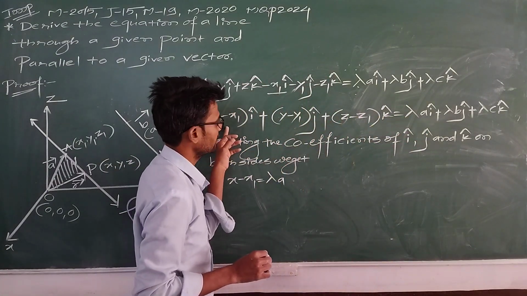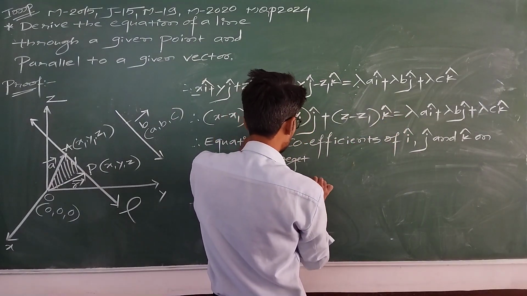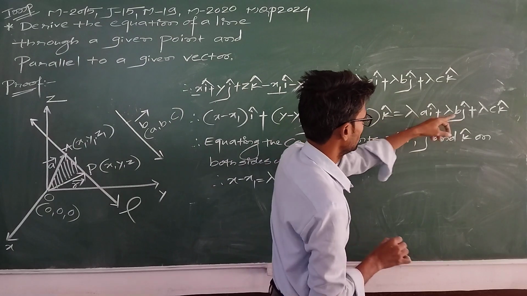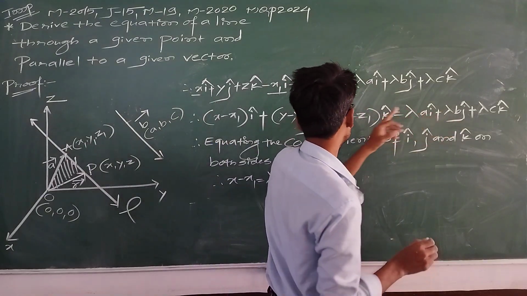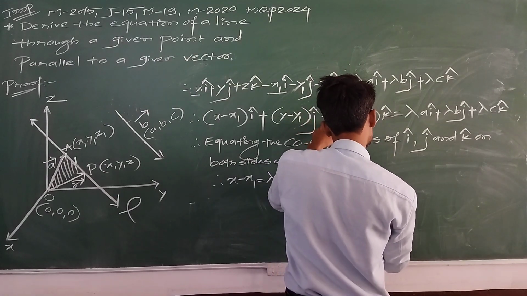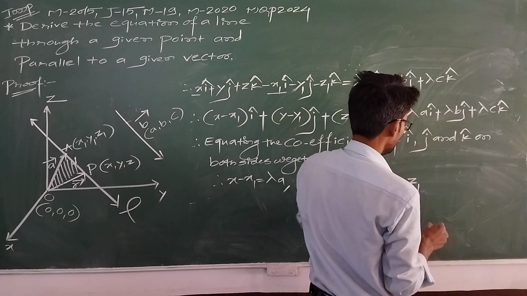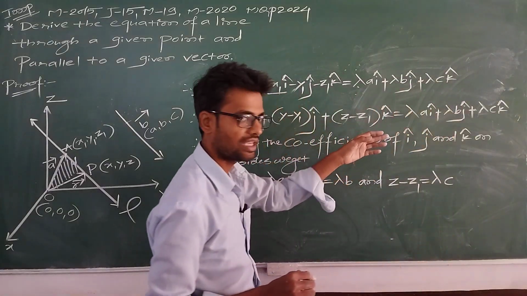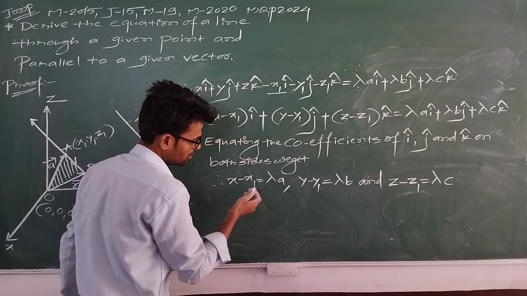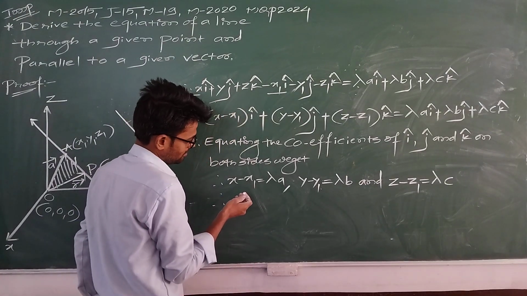Next, y minus y1 is equal to lambda b, equating the coefficients of j cap. And z minus z1 is equal to lambda c, equating the coefficients of k cap.